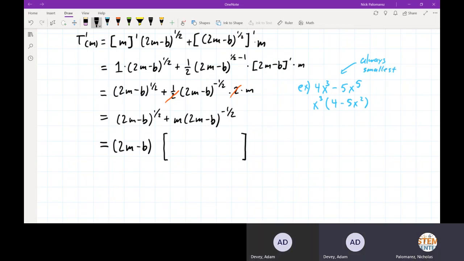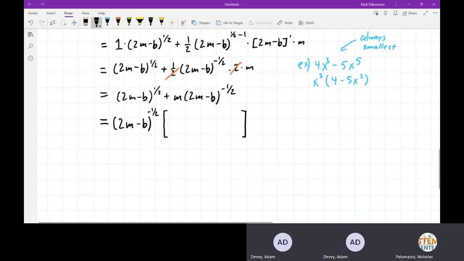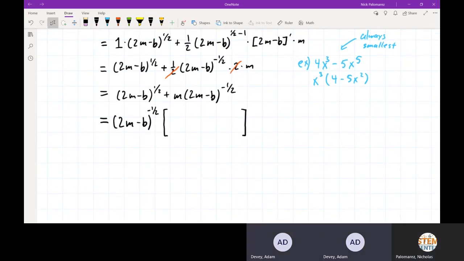That principle applies here as well. Here we have 2m minus b to the 1/2, and we also have a 2m minus b to the negative 1/2. So we have to remove the smallest. We have to remove the negative 1/2. So then there's a question. What happens if we remove a negative 1/2 from a positive 1/2?